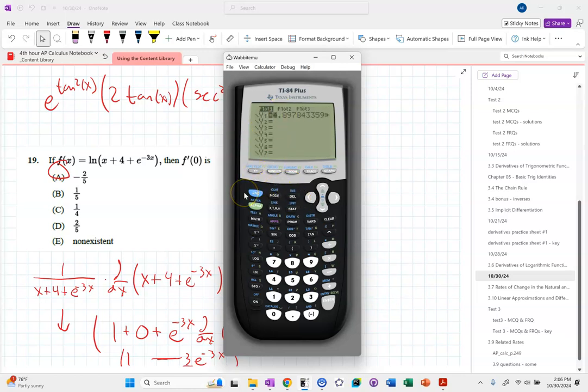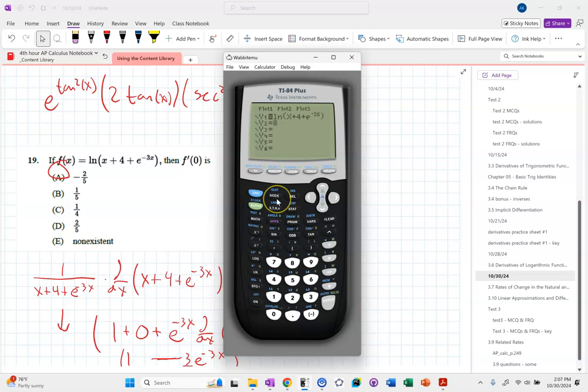So what I'm going to do is go to the y equals, clear out anything that's in there, and type the problem into y1. So natural log x plus 4 plus e to the negative 3x.